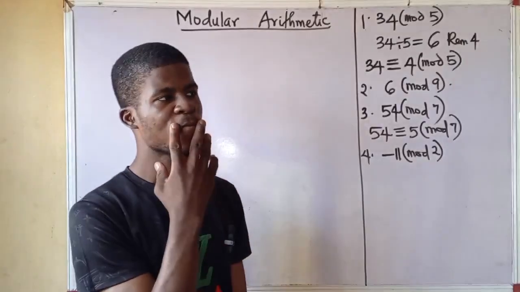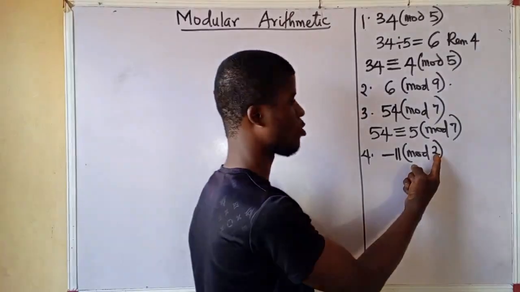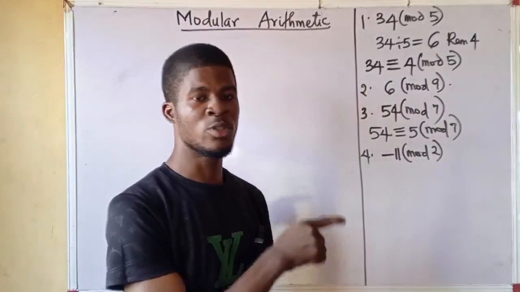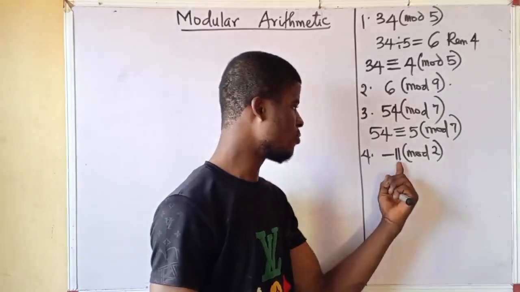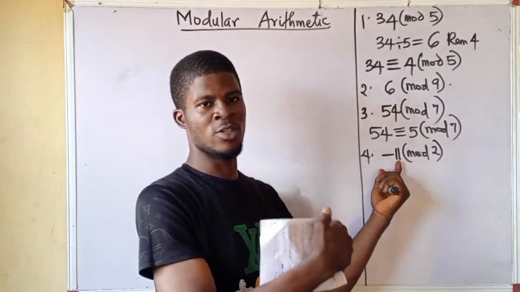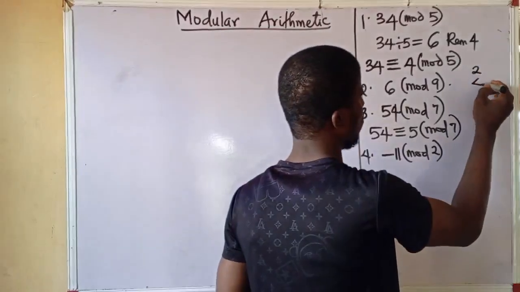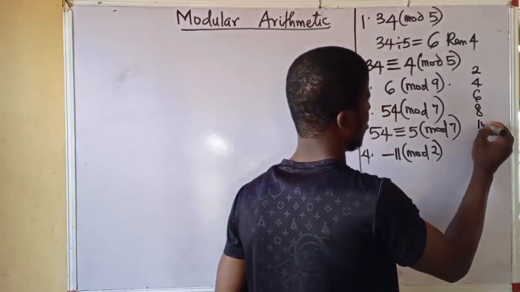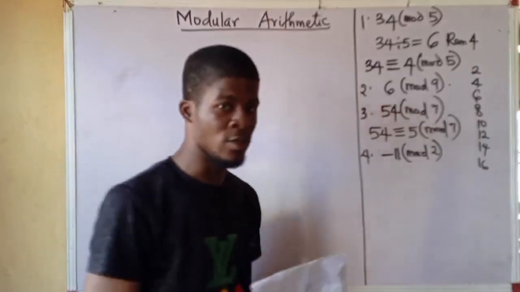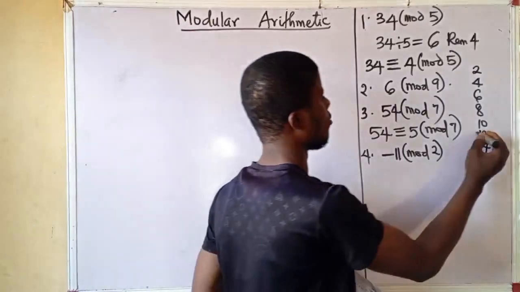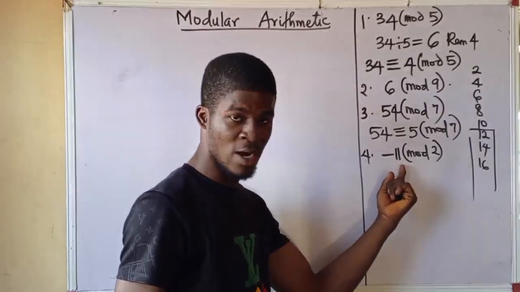What we'll do is this. I will look for the multiple of the modulus, which is 2, that is immediately greater than 11, and then add it to minus 11. Multiples of 2 include 2, 4, 6, 8, 10, 12, 14, 16, 18, till infinity. From 12 downwards, they are all bigger than 11, right?